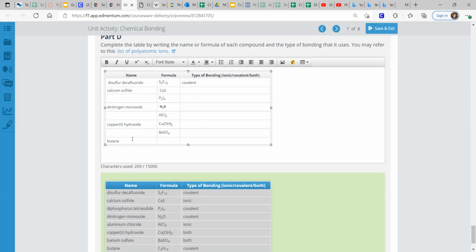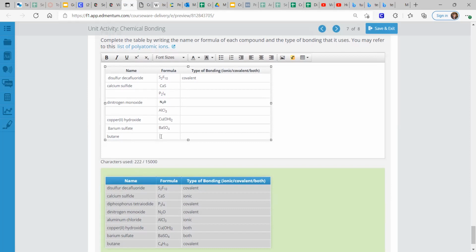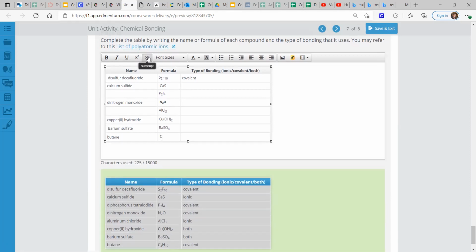And then barium sulfate. Barium. And then butane. Butane is just carbon subscript 4, H10.